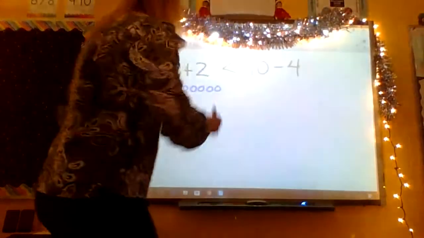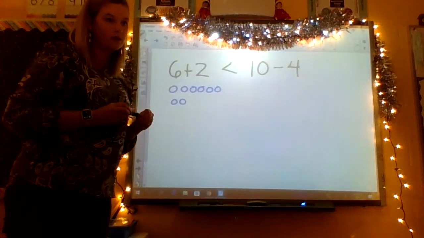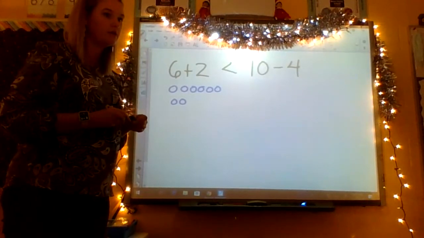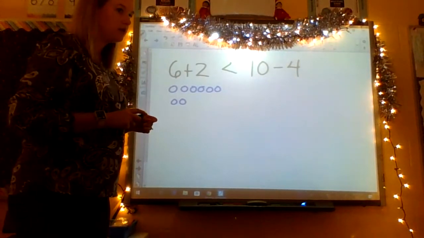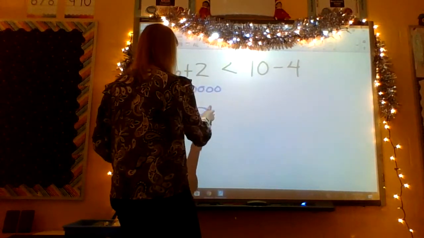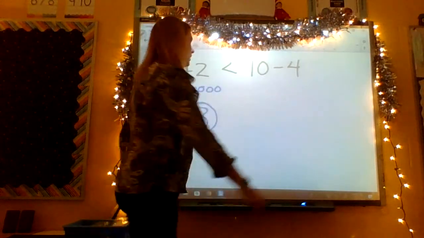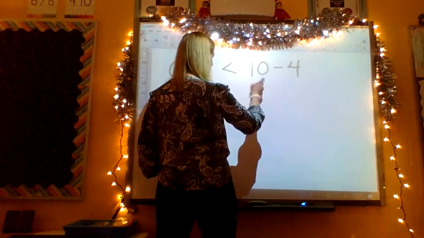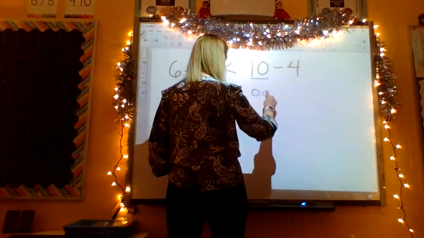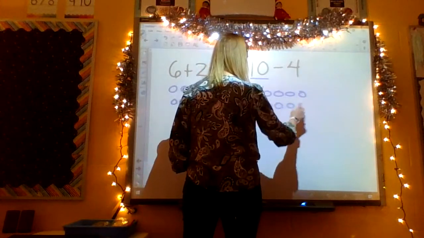Alright, so how much is 6 plus 2? Jack. 8. 6 plus 2 is 8. Okay, so that's how much this one equals. Now let's solve 10 minus 4. So remember, in subtraction, you only draw the first number. 1, 2, 3, 4, 5, 6, 7, 8, 9, 10.